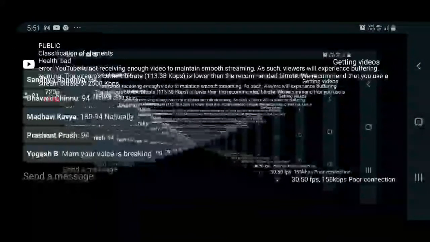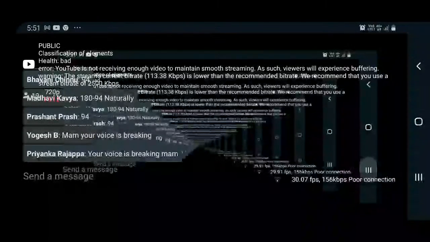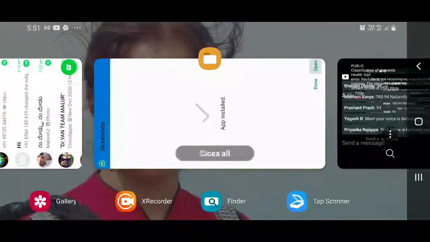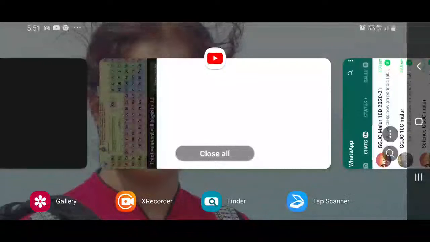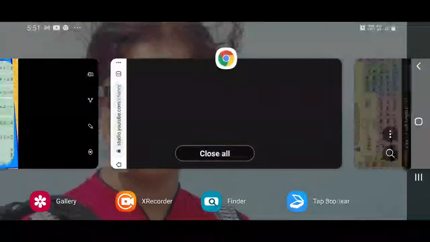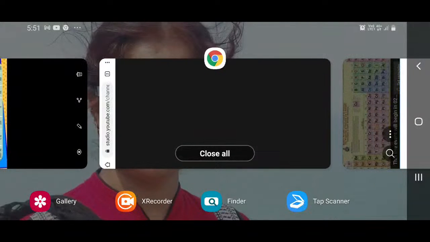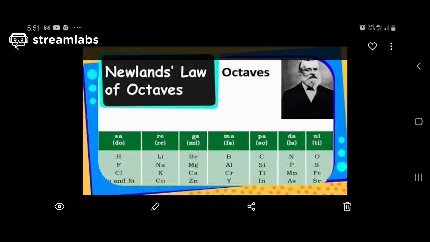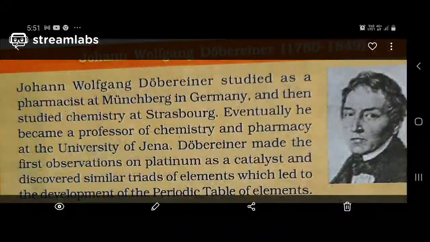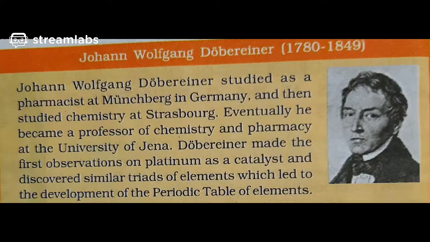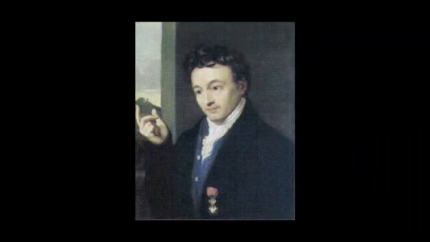Now I'll show with the image. You just observe the image. He was from the University of Jena, and then he made Dobereiner's law of triad.